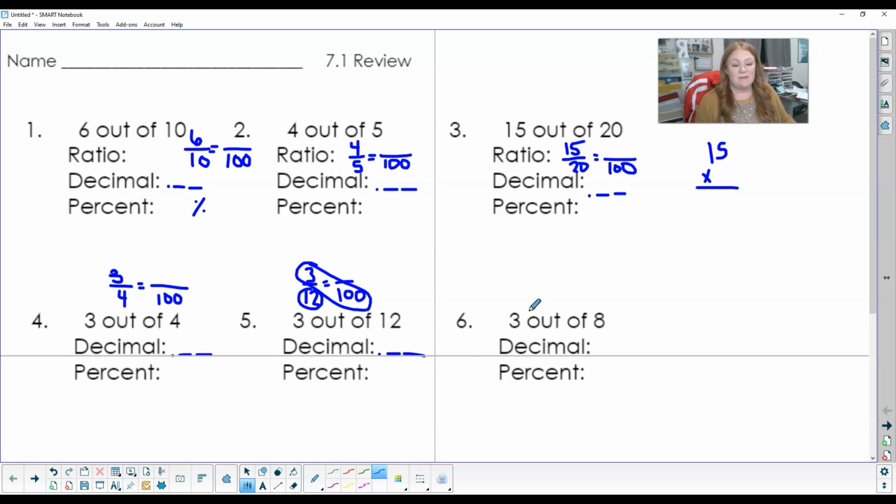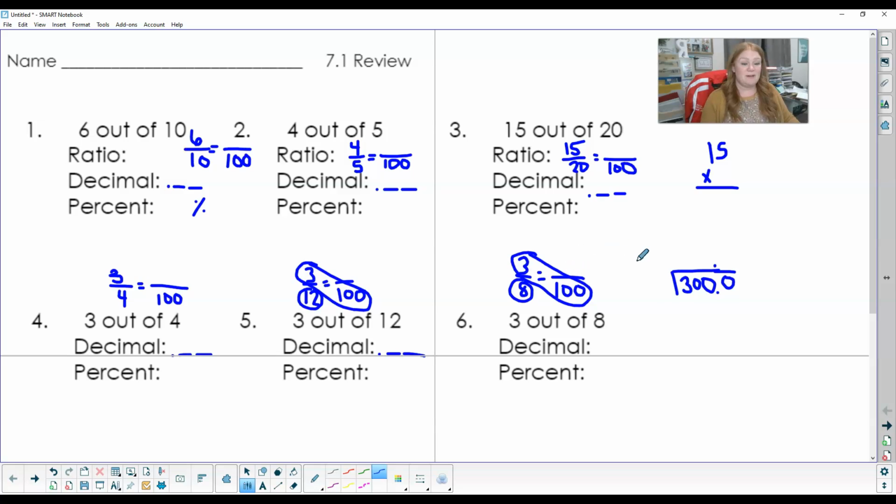So now we have 3 out of 8. Even though it doesn't want the ratio, we can still write it, 3 out of 8. And I want that to be out of 100. So 8 does not nicely go into 100. So we want to do 3 times 100 divided by 8. So 3 times 100 is 300, and it's not going to go in there perfectly, so you're probably going to need to add a 0 and a decimal place.